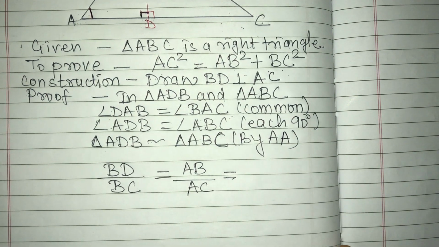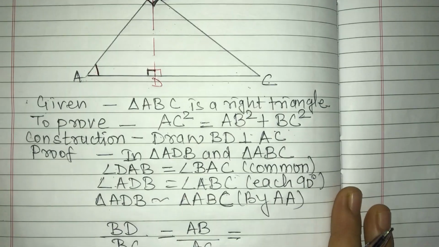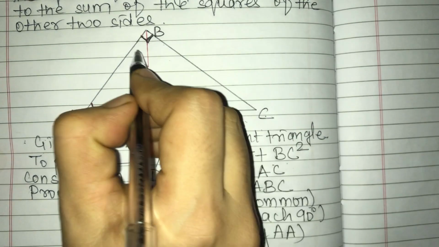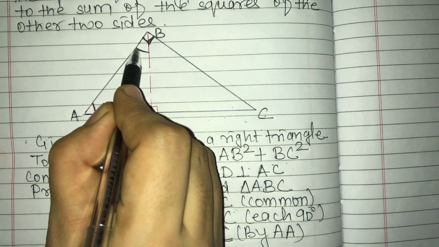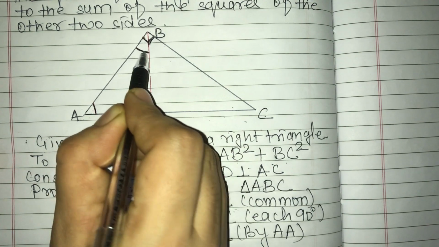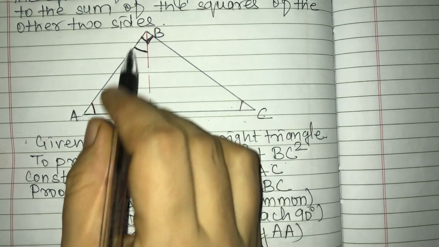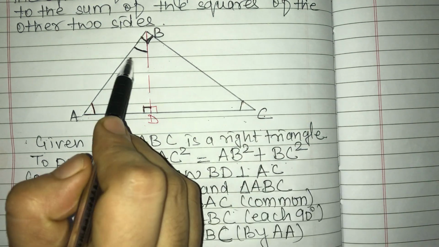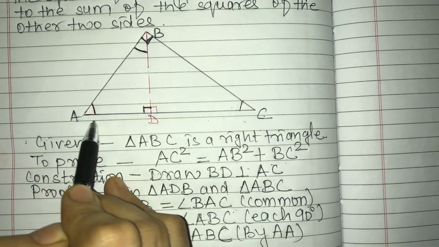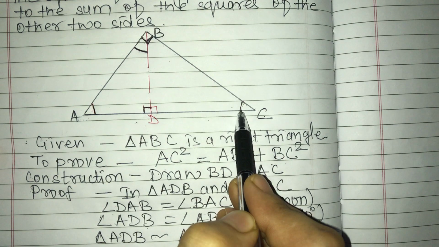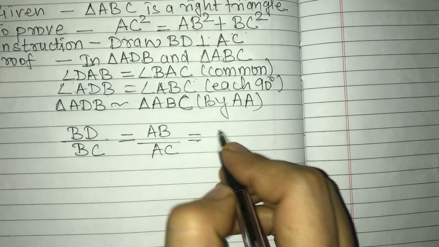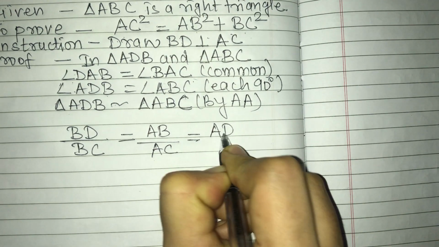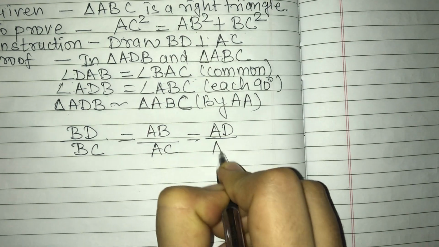And the third one is this angle in triangle ADB, which is equal to this angle in the bigger triangle ABC. So the side opposite to this angle is AD, and the side opposite to this angle is AB. So we have AD upon AB.